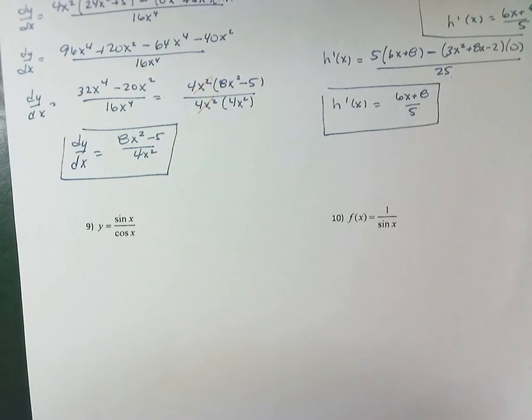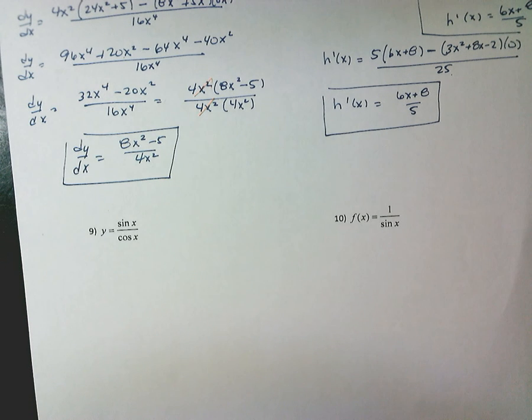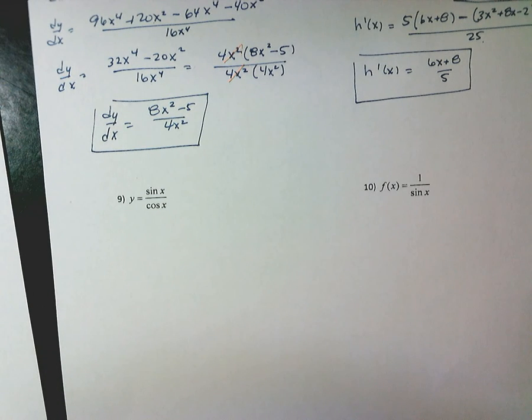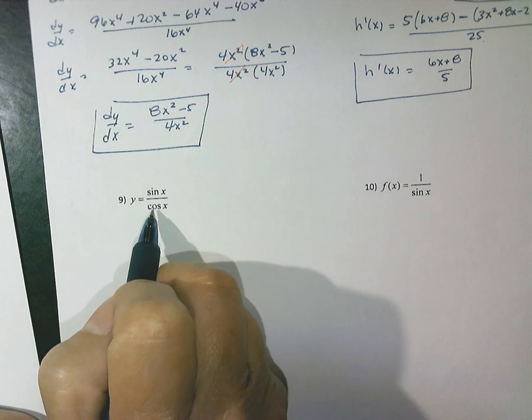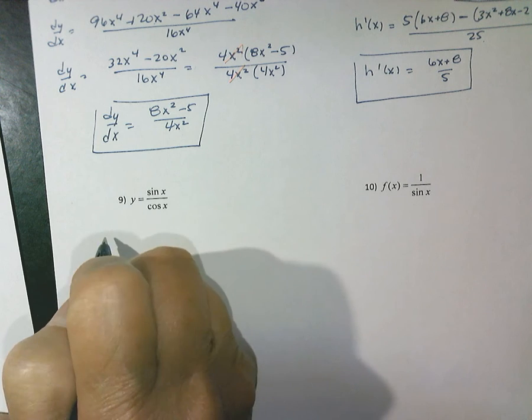This next one I like. Hopefully you do the trig derivatives first and then you come to this, but I can show you how this trig works with this. If I use the quotient rule, because I have sine as a function over the cosine, so it's a quotient.